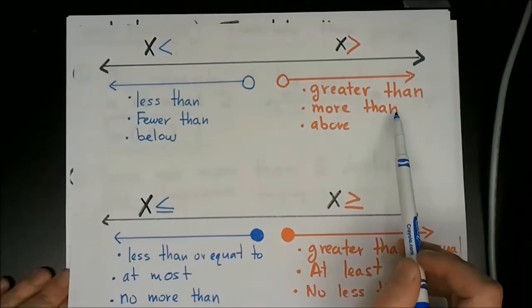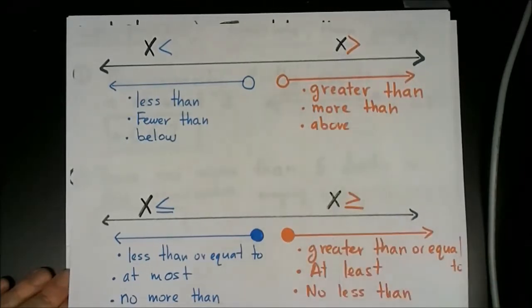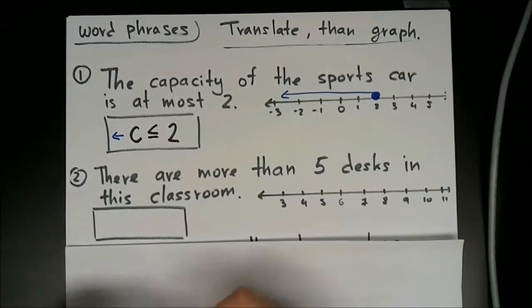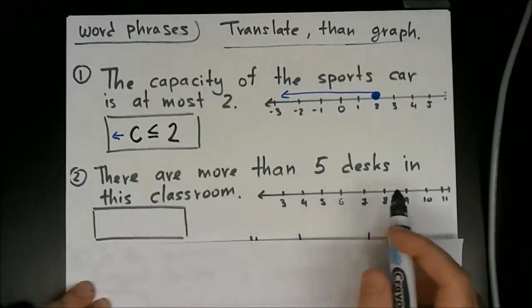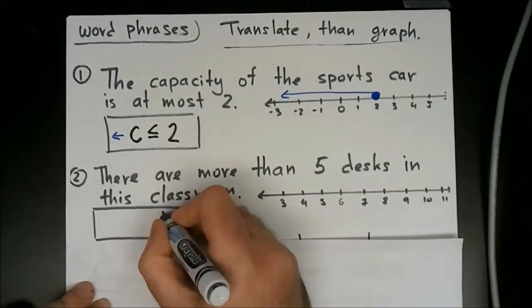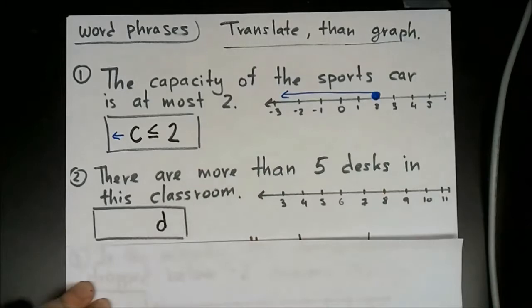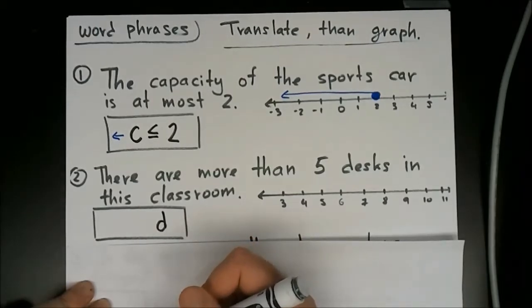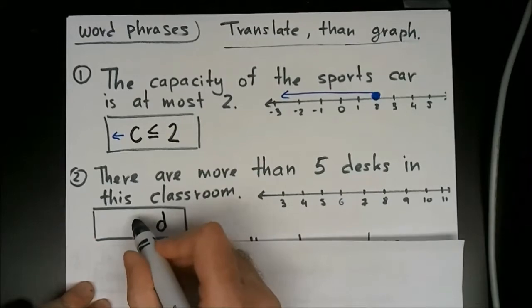And in more than, the variable has to be next to the blunt or the large portion of the alligator symbol. So our variable, and again, you can choose anything that you like. If we're talking about desks here, there are more than 5 desks in the classroom. I'm going to go with D. I don't know why I'm going with D. Doesn't really matter. Could be any variable. Could be classroom. I don't know. I think D is best. Which direction should my alligator symbol be? Like this or like that?